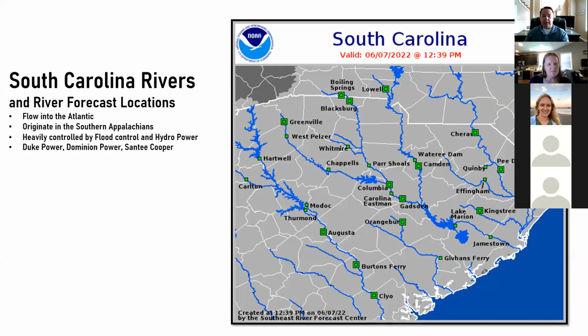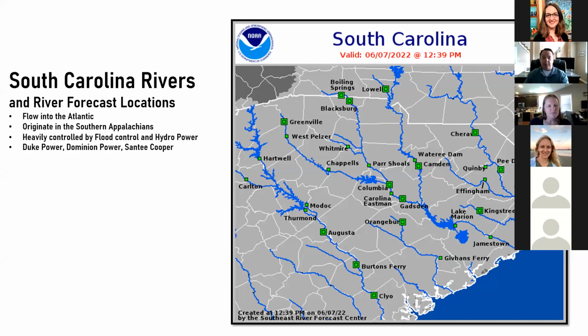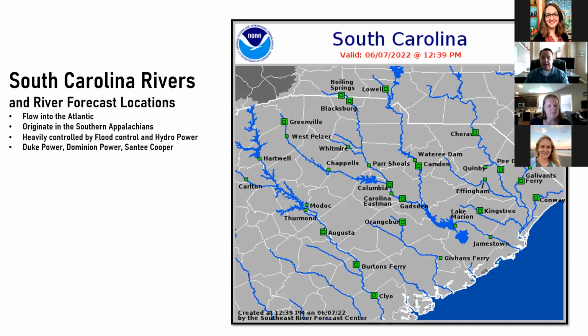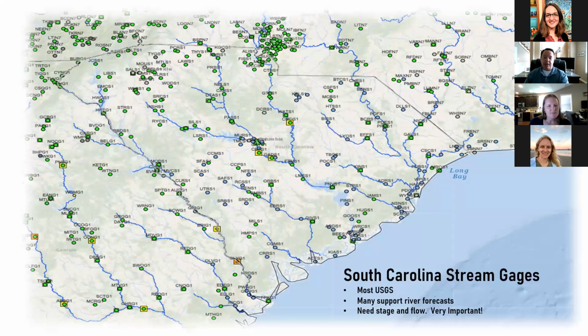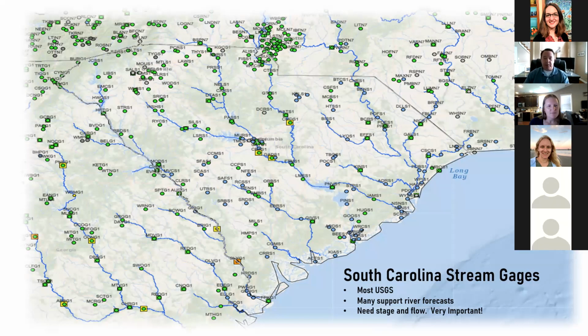Hydropower is prevalent with Duke and Dominion Power as the two bigger utilities, and Santee Cooper down in the coastal plain, and they manage the water for power. And these are all forecast locations. These forecasts are all river gauges, but there are many more river gauges that are available and used. Many of these are owned and maintained by the U.S. Geological Survey, and we'll talk more about data a little bit later when we talk about river forecasting.